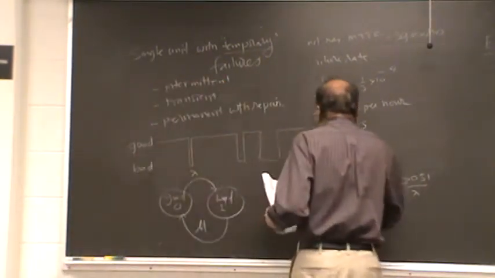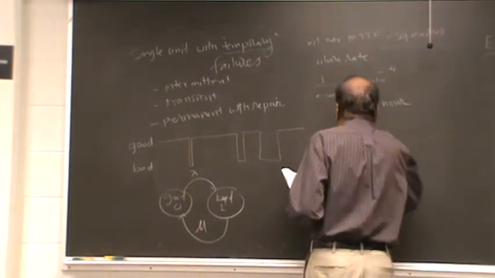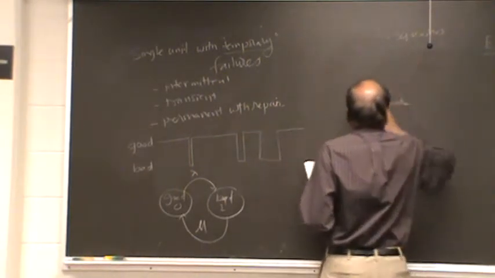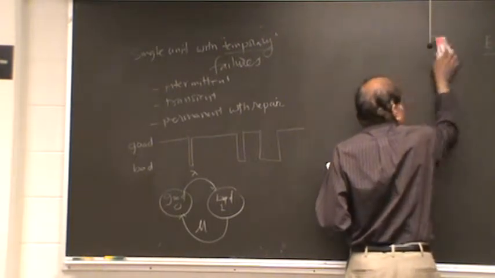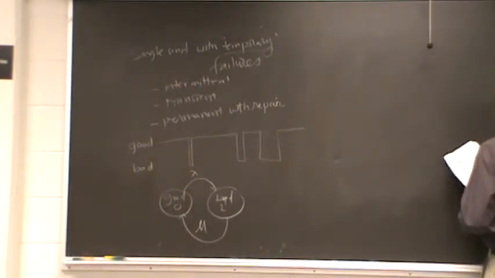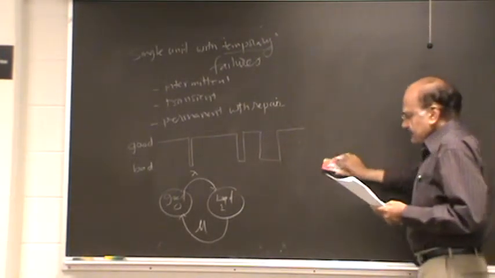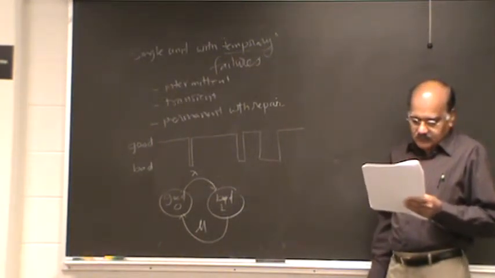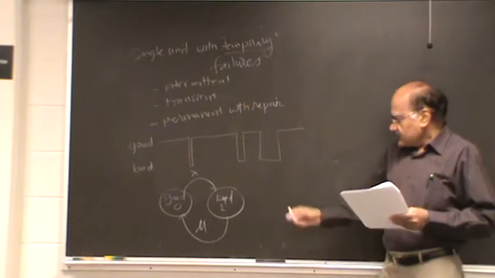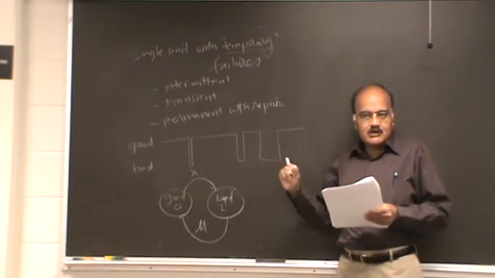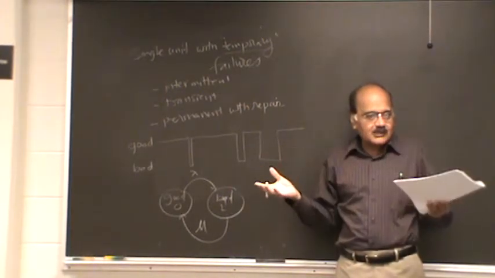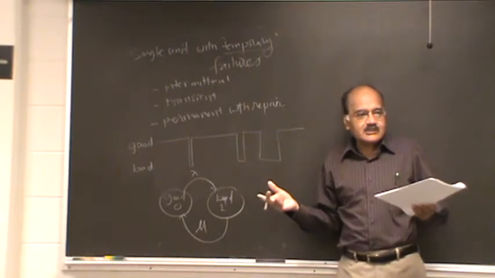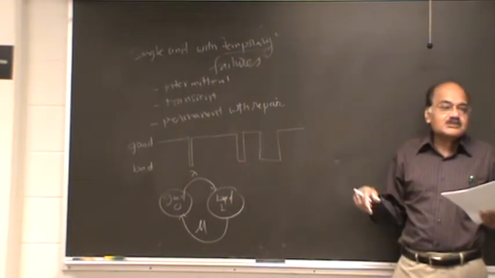Now to analyze this, we are using the same approach. And notice that this is the general approach for analyzing Markov processes. So we are assuming this is a Markov process. That means the process is memoryless.